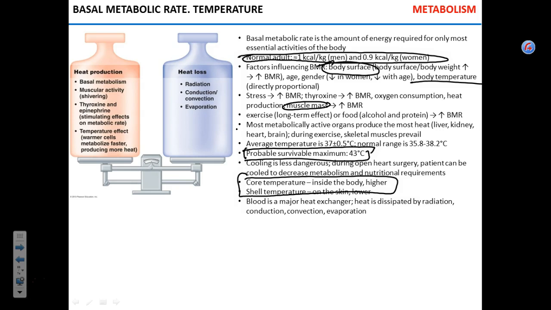Now, cooling is much less dangerous. When people are exposed to surgery, often they cool down substantially. One of the interesting treatments that, of course, I cannot spare because it includes a virus is a treatment for rabies, which is called the Milwaukee protocol.